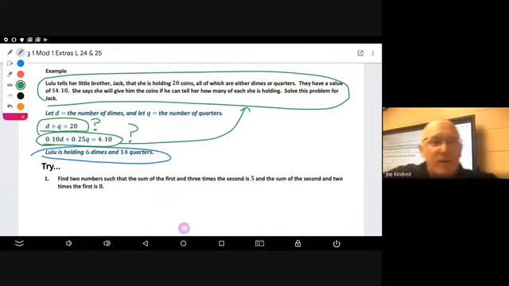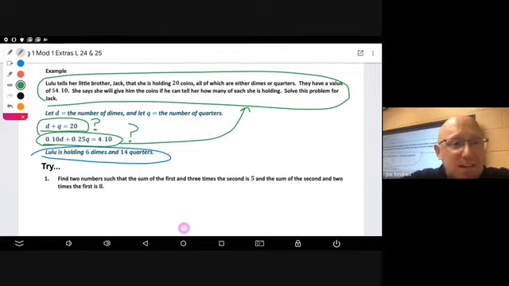You'll notice they're taking D and Q: D is the number of dimes, Q is the number of quarters. You should be wondering, how did they get those two equations? That's part of this lesson, being able to read the context of a problem and then convert it to two separate equations. From there, it's just using elimination or substitution to solve. Let's look at setting up a couple others.